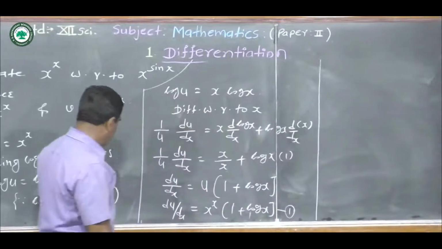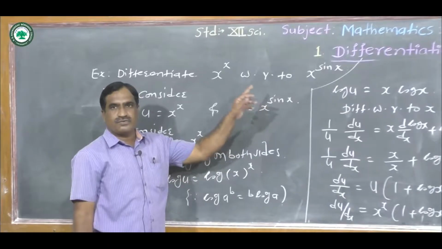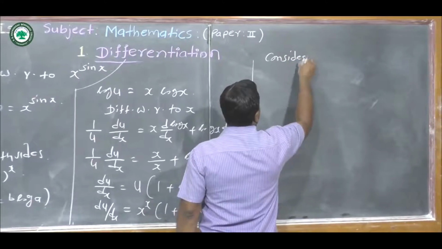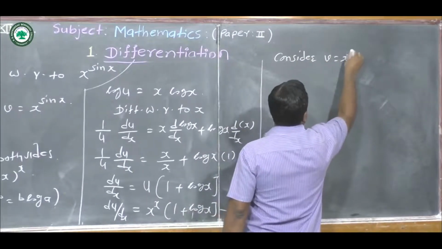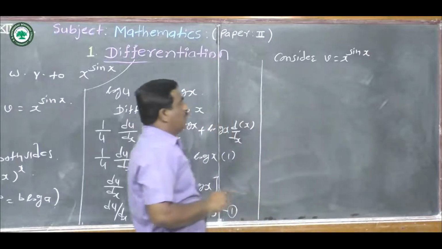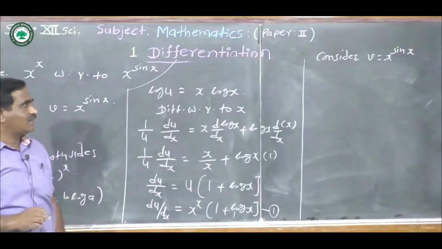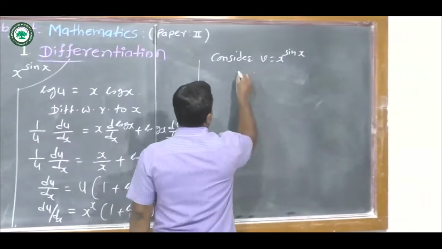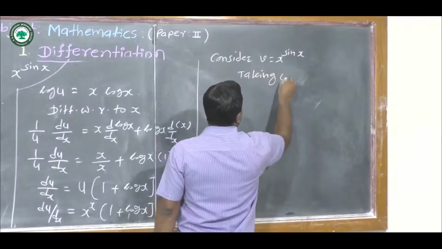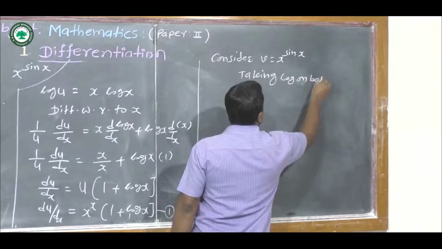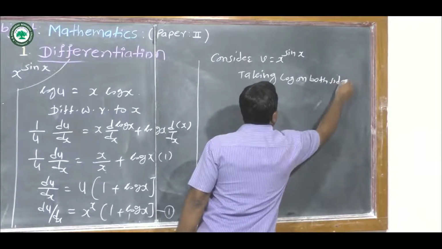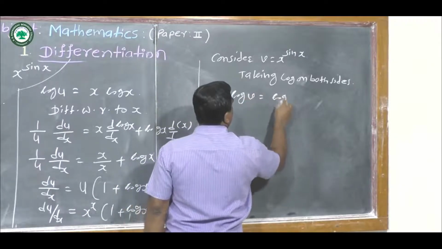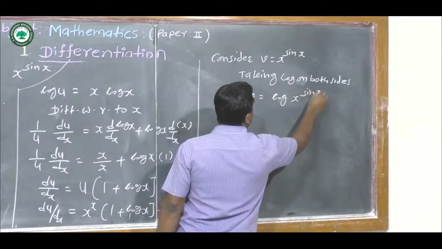Now consider the second equation, v equal to x raised to sin x. Consider v equal to x raised to sin x. Here also one function is the power of another function. Therefore, we use logarithmic differentiation, taking log on both sides. Therefore, log v is equal to log of x raised to sin x.